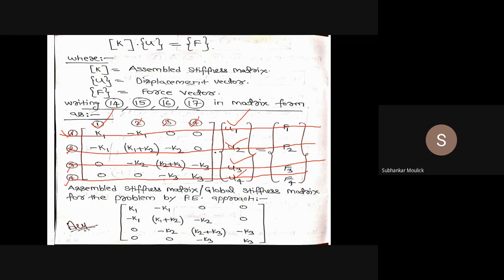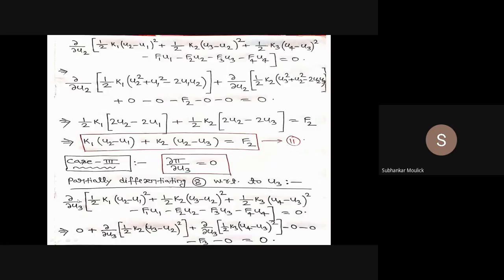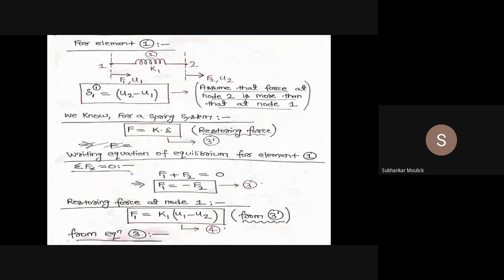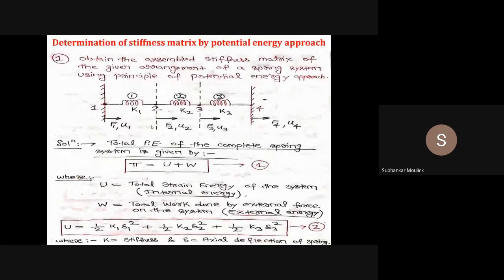Likewise F3 and F4 for the third and fourth nodal points given in the problem. Is it okay? Is this matrix clear? This column matrix U1, U2, U3, U4 and this matrix F1, F2, F3, F4. I haven't talked about them so far.